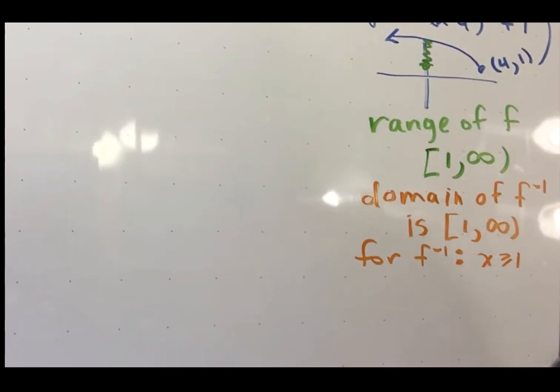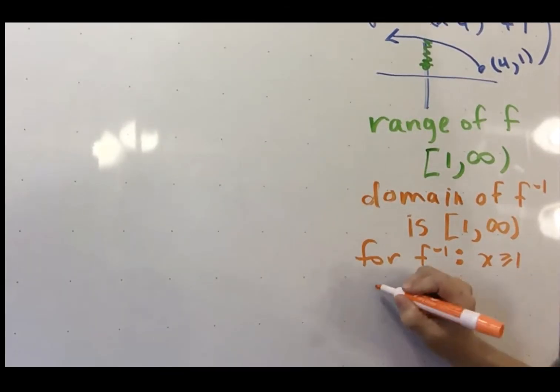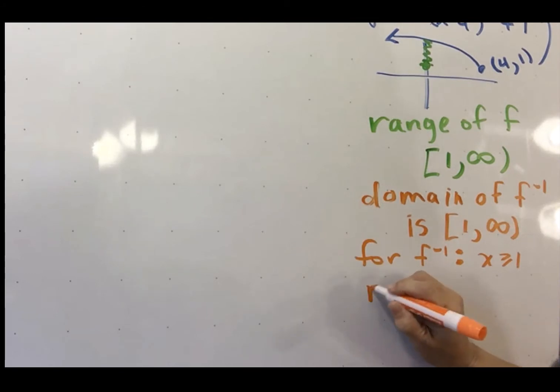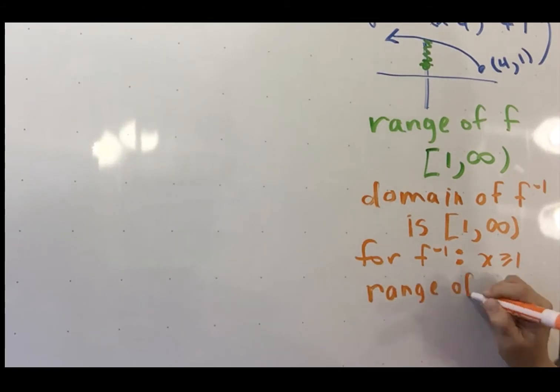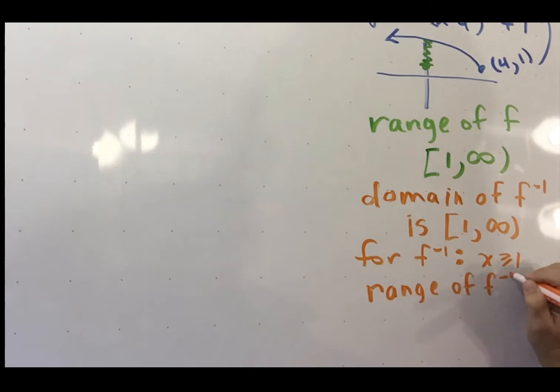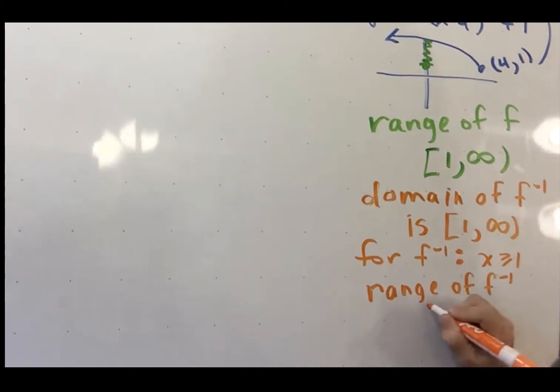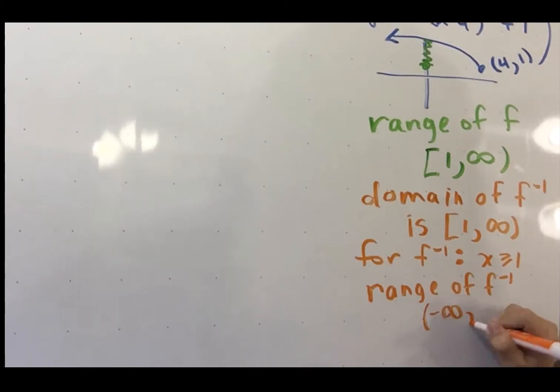And I may or may not need this, but I'm going to go ahead and write it down just in case, because that way I'm on this train of thought already. I may or may not need it, but if I've got it written down, then I don't have to go back on that train of thought again and can just look at what I wrote. I know that the range of f inverse is going to be -infinity to 4.